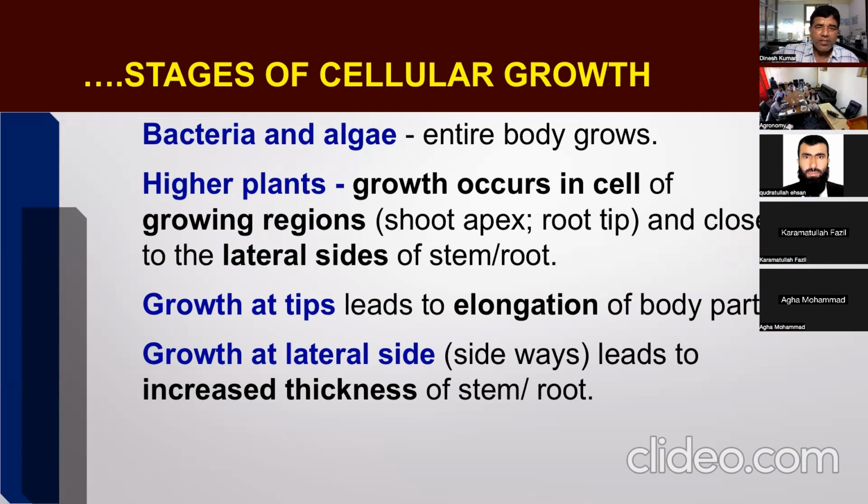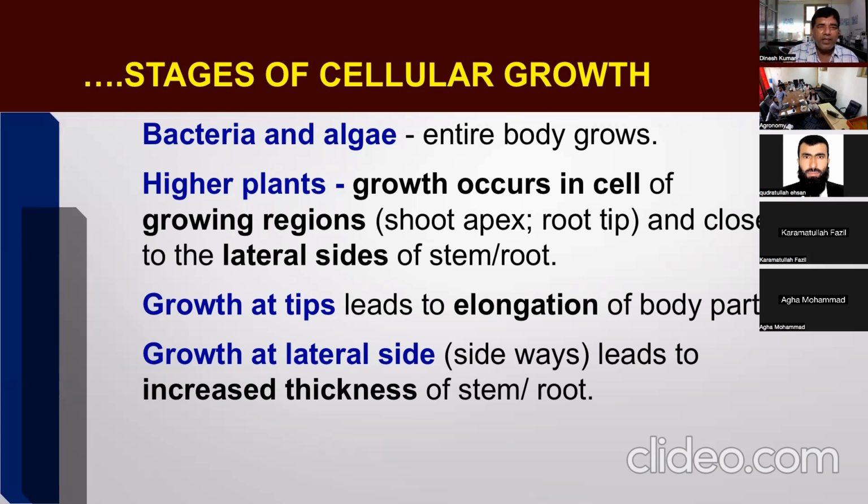In higher plants, growth occurs in the growing region. Growing regions are mostly on the tip of the stem or tip of the root. Plants grow from the tips, or sometimes side growth is there, lateral growth is also there, through which the stem becomes thicker.